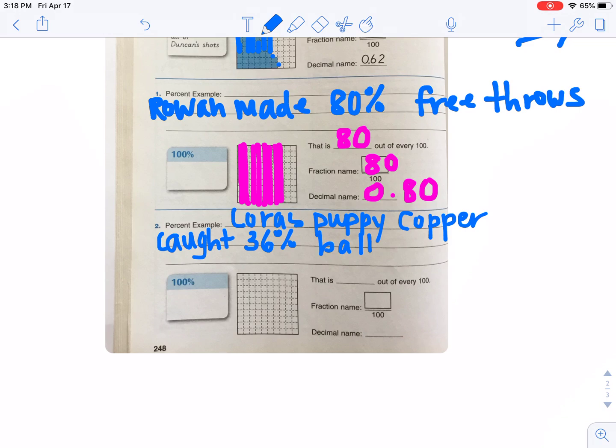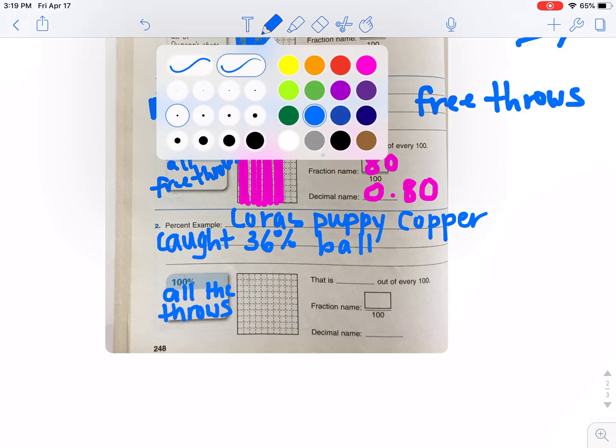Oh, and by the way, if it's 100%, it should say all the throws. And up here it should have said all free throws. All right, so I want you guys once again to pause the video. I want you to fill this in, and then we'll do it together in just a second.